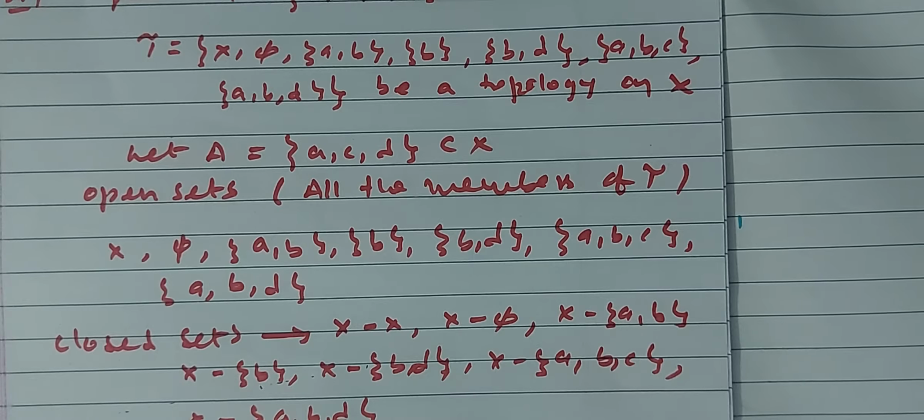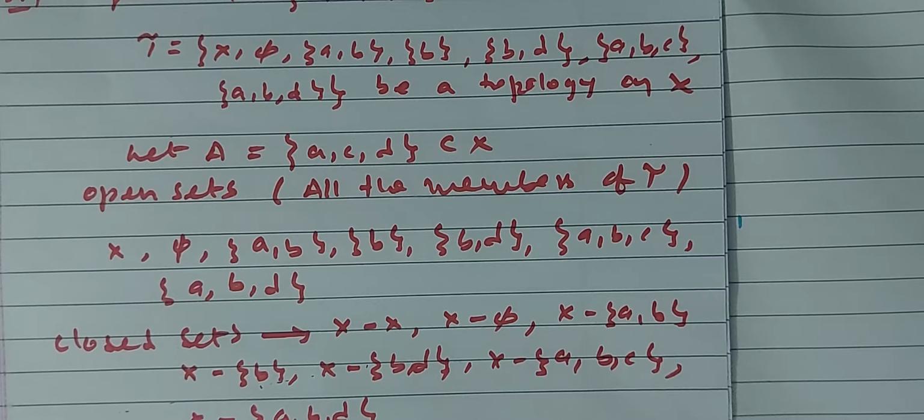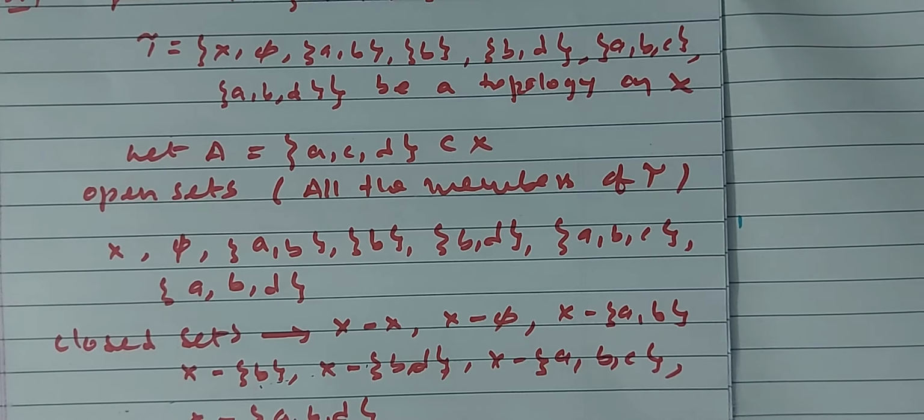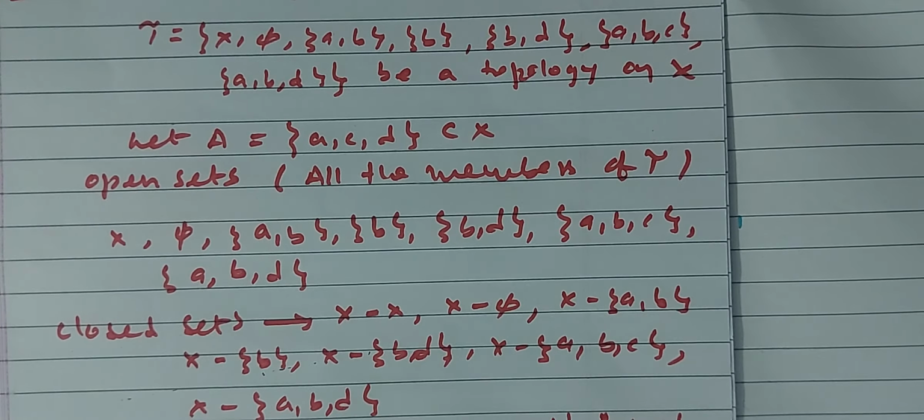Automatically X minus X is φ, φ becomes X, then {c, d}, X minus {b} means {a, c, d}, X minus {b, d} means {a, c}, then {d}, then {c}.